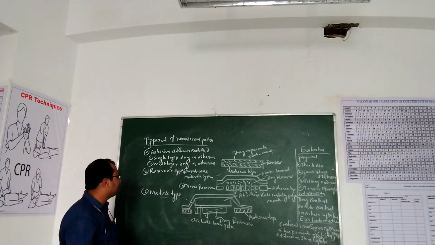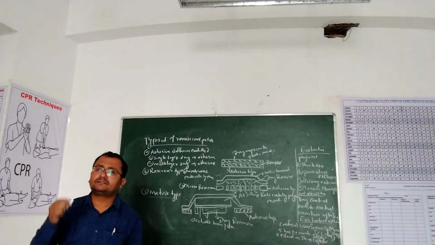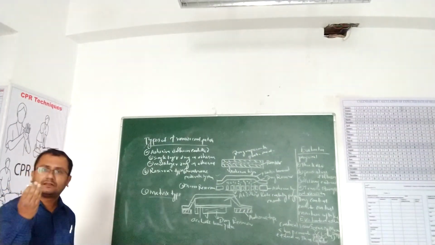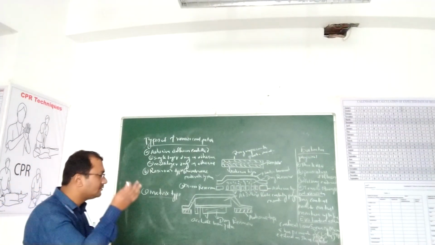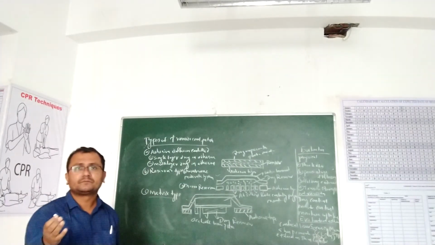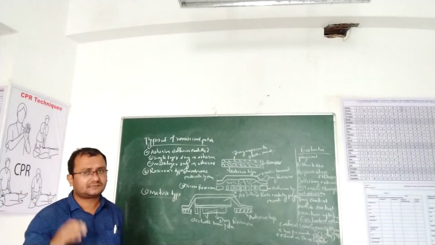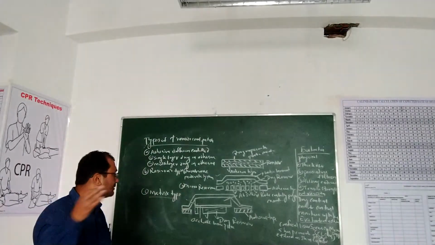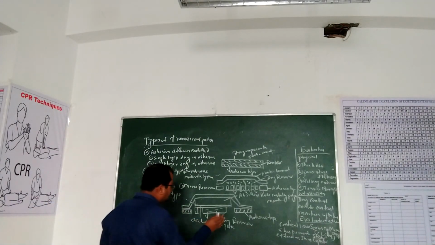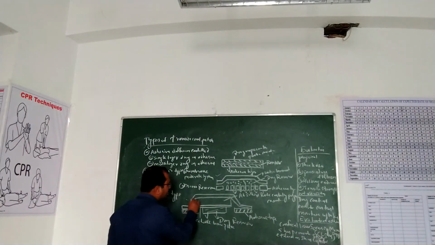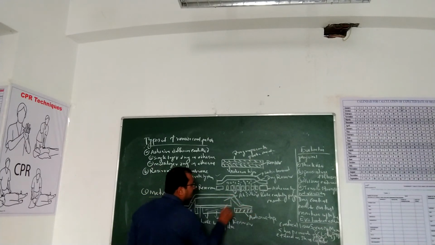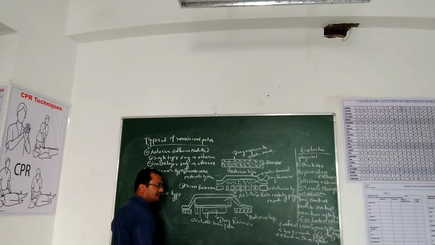In the matrix type, the drug will be dispersed in a matrix layer, and through different types of mechanisms the drug will be transported to the skin. The drug will come outside from this matrix layer. If you see the diagram here, this is the backing layer, and in the middle the absorbents are given.